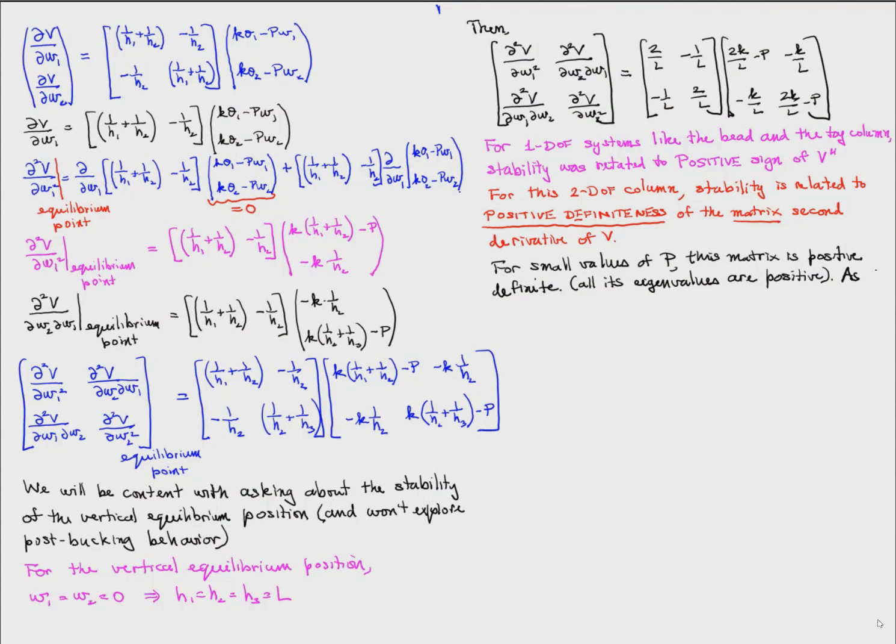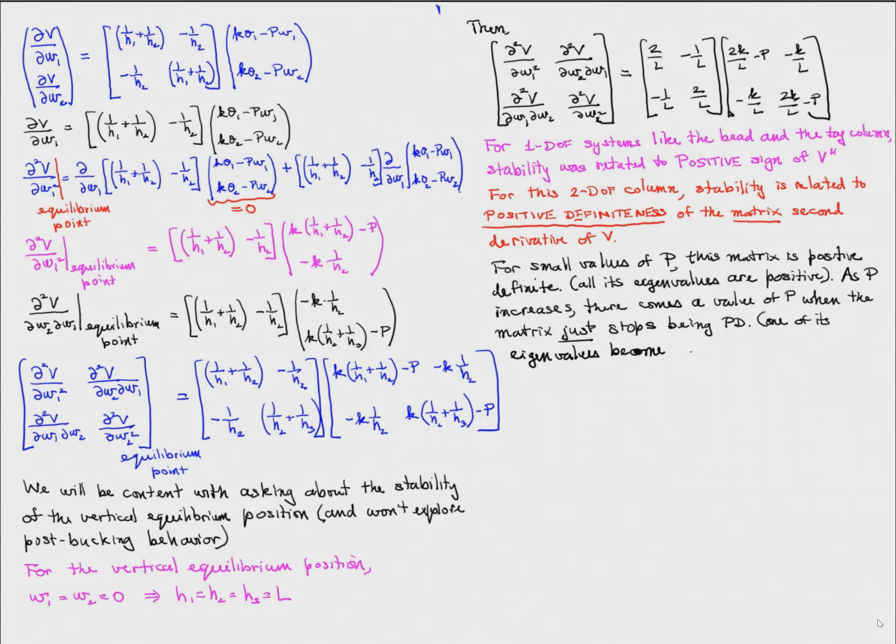Now, as we increase P, there comes a time when the matrix just stops being positive definite, or one of its eigenvalues just becomes 0. Which means there is a vector which, when multiplied by the matrix, will give 0. So let's write that part.